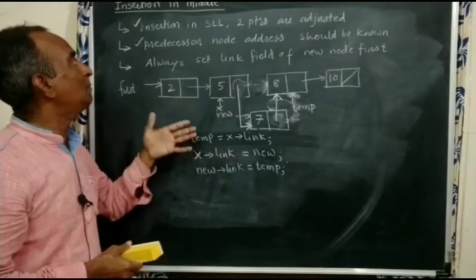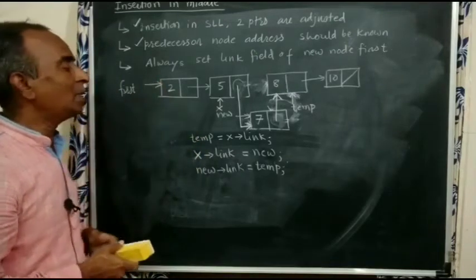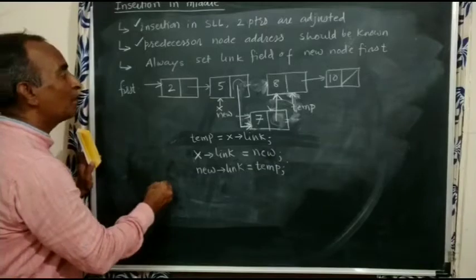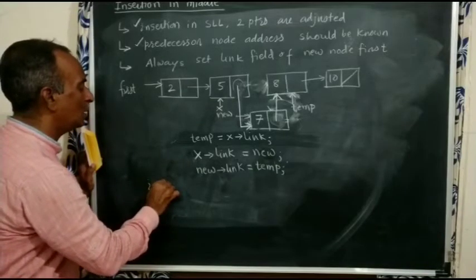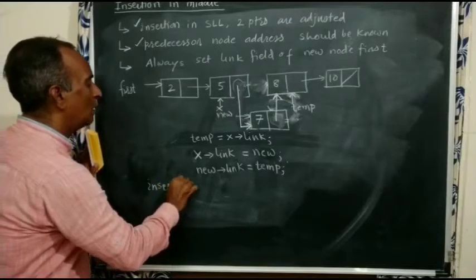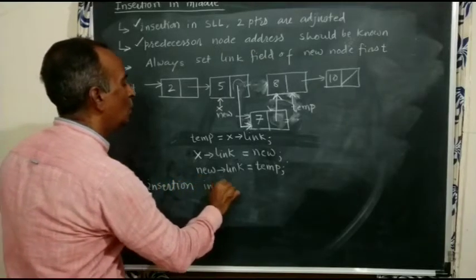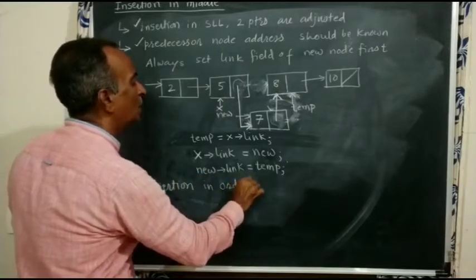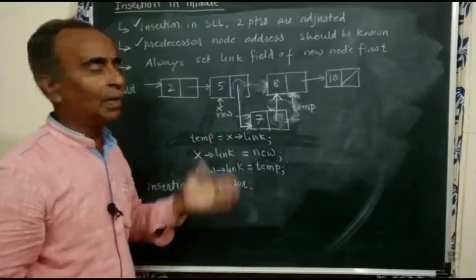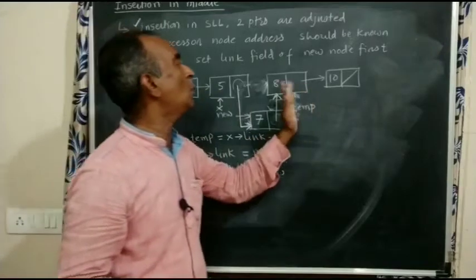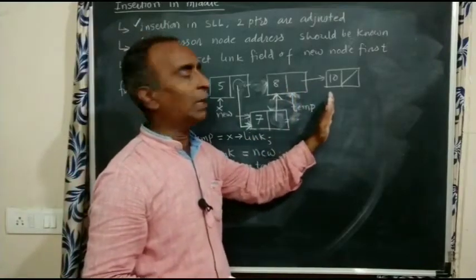Now after this we will see a special case, that is insertion in order. How to insert in order? Order means if we want to insert, suppose, 9 in this list in order, that node should be after 8.